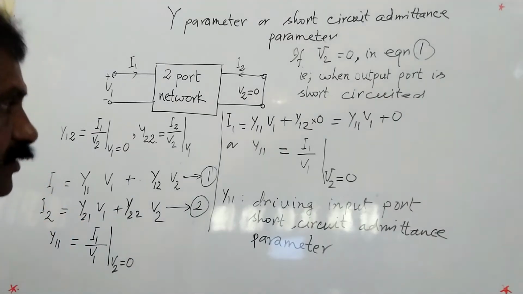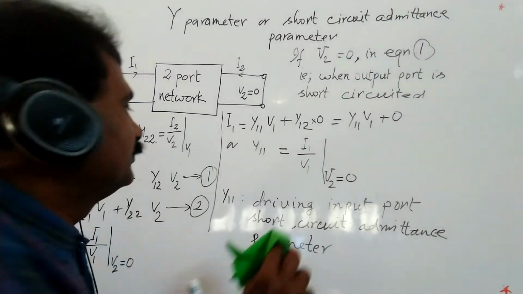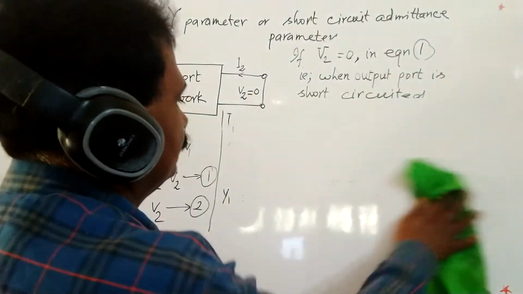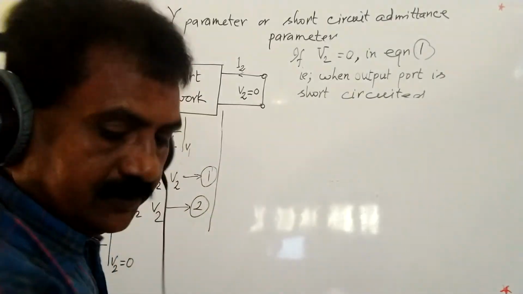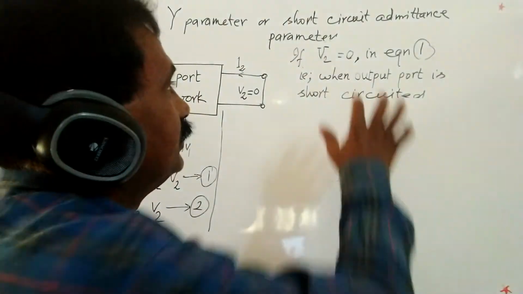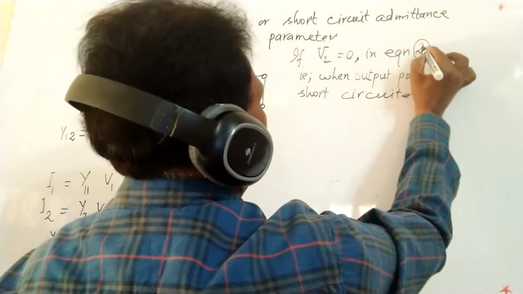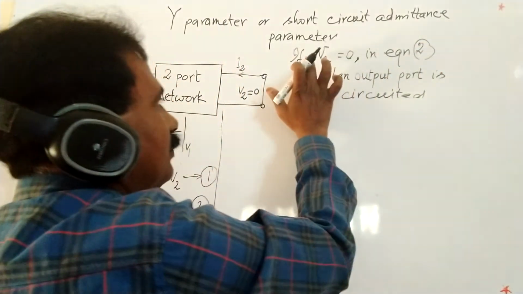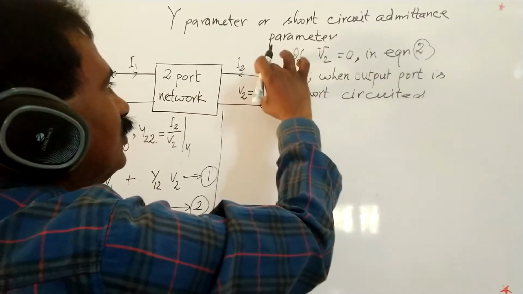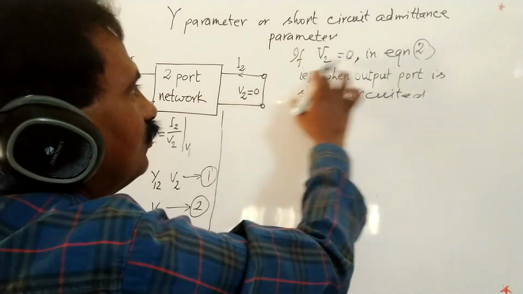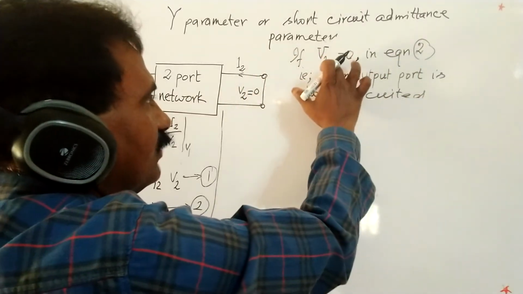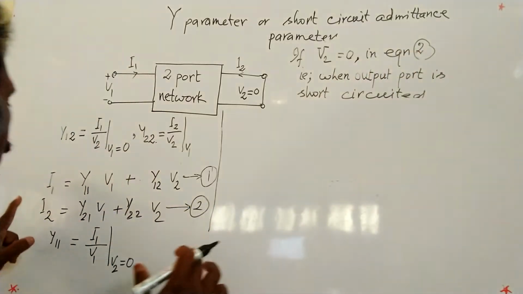Then again taking V2 equal to 0, but in equation 2, what we are going to do here, we are putting V2 equal to 0, it means short circuiting this output port, but keeping V2 equal to 0 in equation 2.